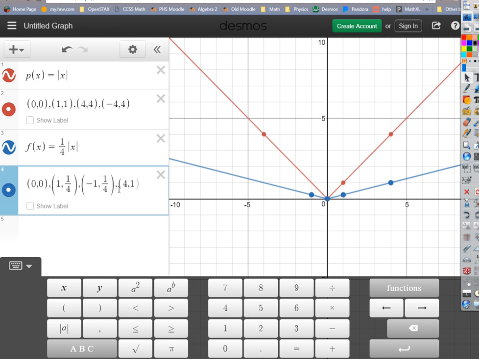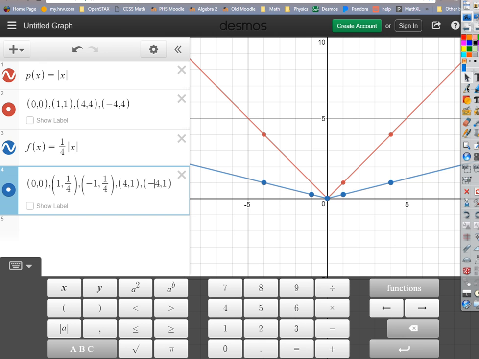Good. And then, okay, I'll tell you what, let's put one more. If I put in negative 4, I still get back 1. Everybody agree? Okay, so we see that the 1/4 part, and this is the part I really want you to get here, we call that a dilation, a vertical dilation. Dilation means we're either going to stretch or compress vertically, right?